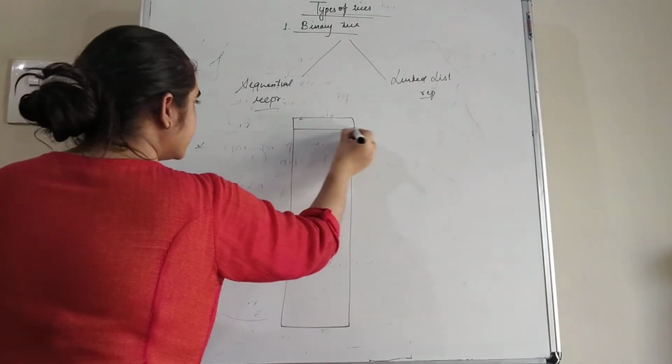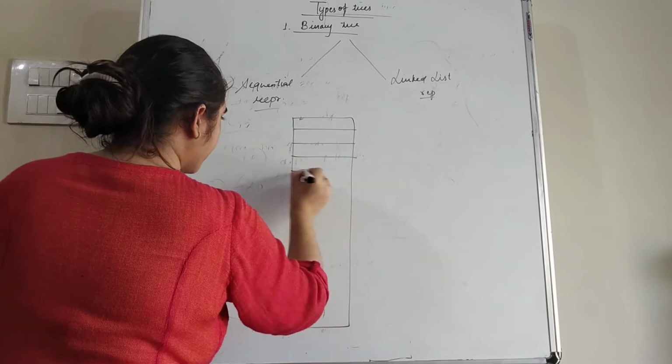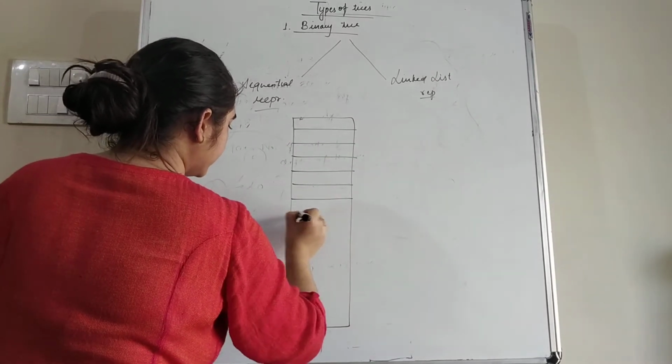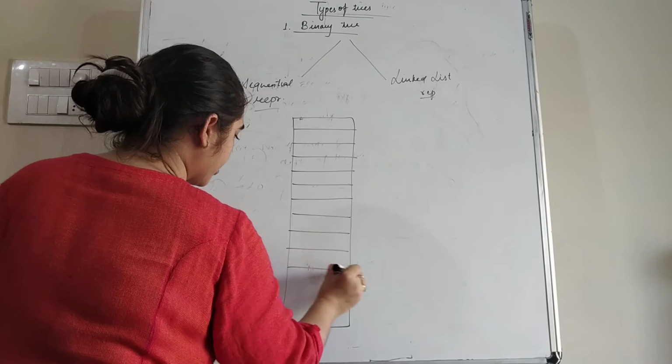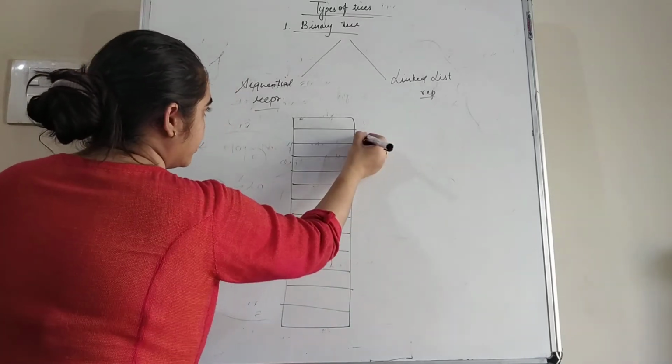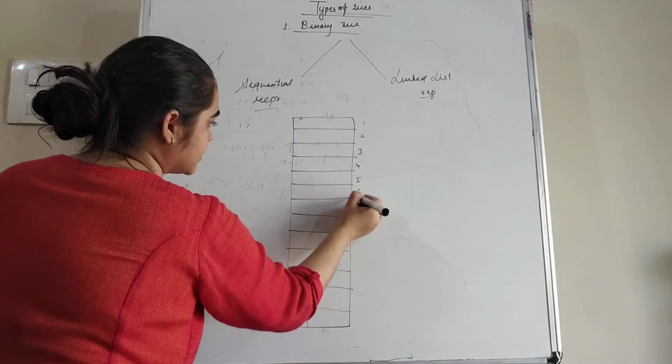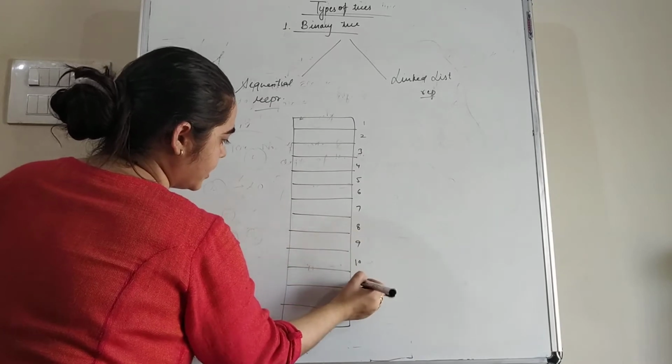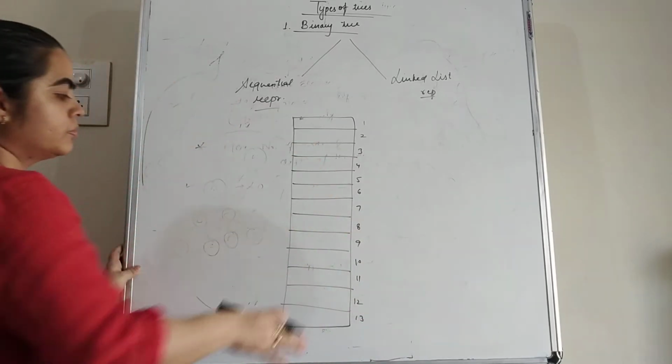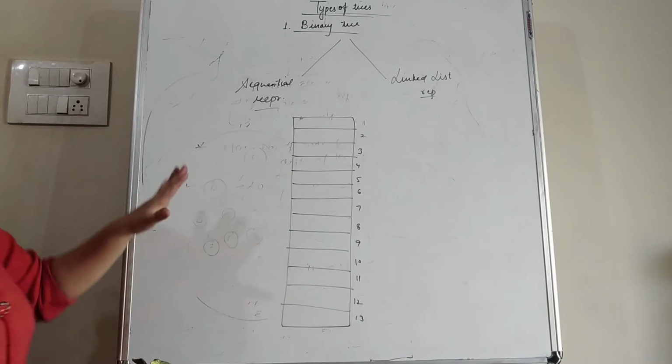So suppose this array is divided into number of parts. So here we are dividing this array into number of parts. So 1, 2, 3, 4, 5, 6, 7, 8, 9, 10, 11, 12 and 13. So that means this array is divided into 13 memory locations.